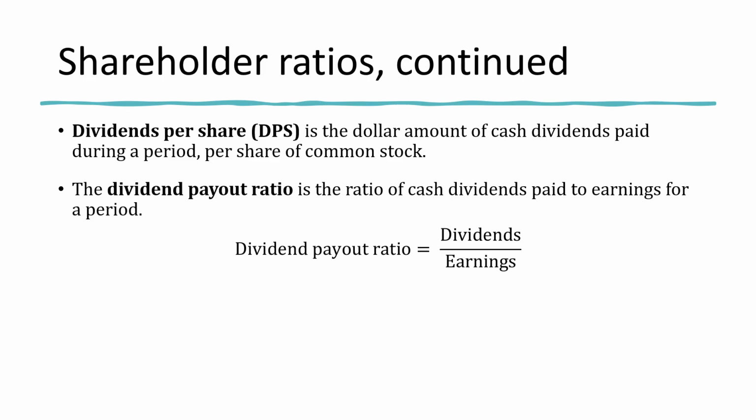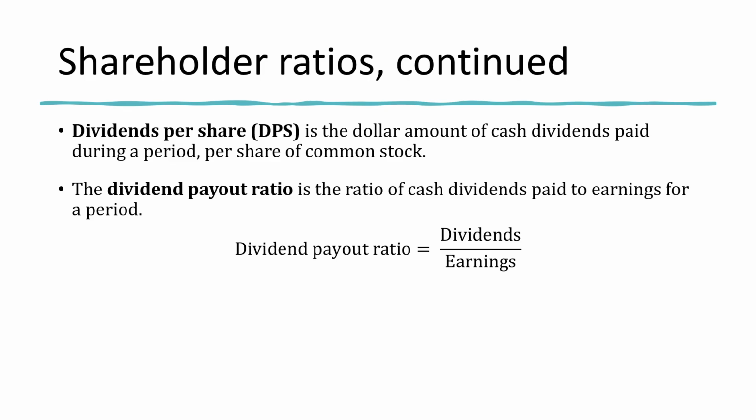Now dividends per share, DPS, is, as the name implies, what the cash dividends paid were during the period compared to the number of shares outstanding. So we're talking about cash dividends paid per share of stock. And now not all companies pay dividends, so this may not be a relevant ratio for some companies. Dividend payout ratio is the ratio of the cash dividends paid to earnings.